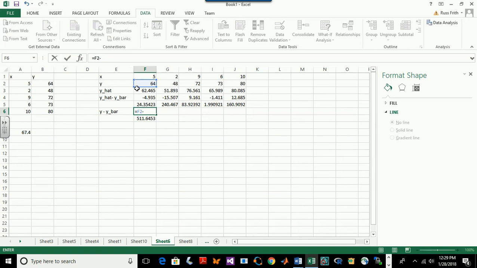Let me check. Yeah, okay. So y minus y bar, which is here. All right, so that's y minus y bar. And let's see, can we drag? Can we get these values? No, we cannot. Okay, Control Z, it's not doing it properly. Okay, so we have y. So this is equal to y minus y bar.